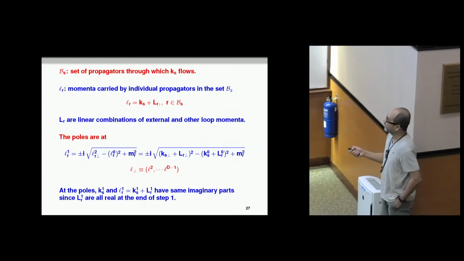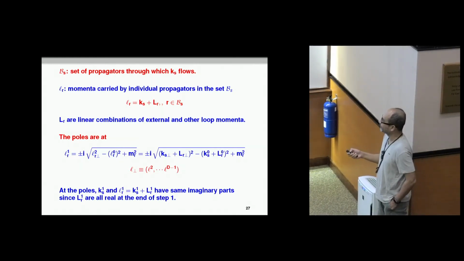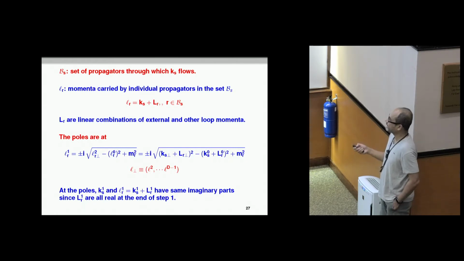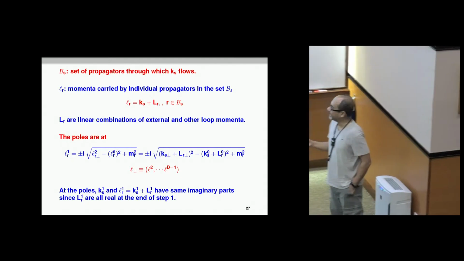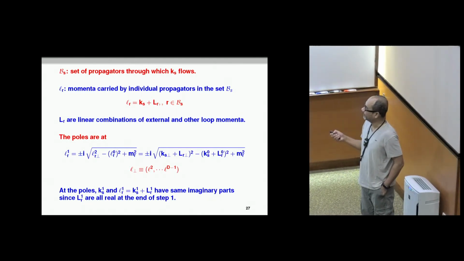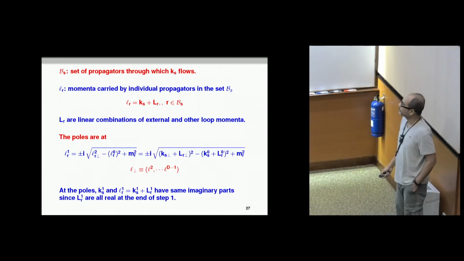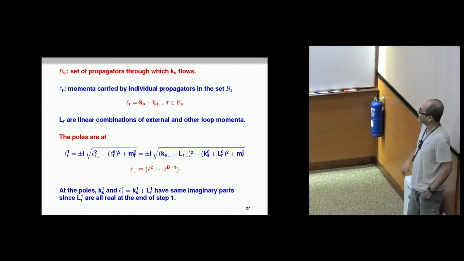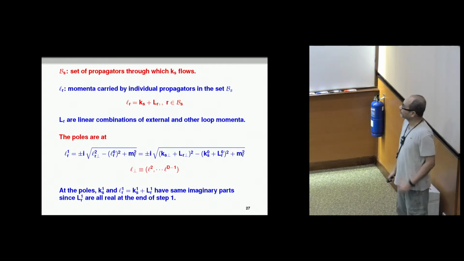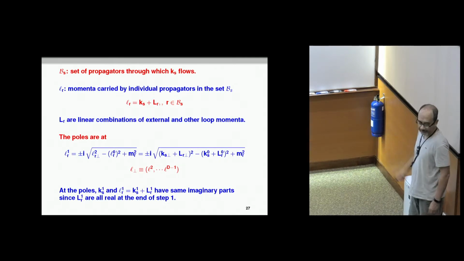The poles in the L plane are easy to understand. This is the same L squared plus M squared equal to 0 condition, but written now as L1 given in terms of L0 and L transverse, where L transverse is from L2 to LD minus 1. This is the formula. We'll come back to this formula a little later and see its significance.